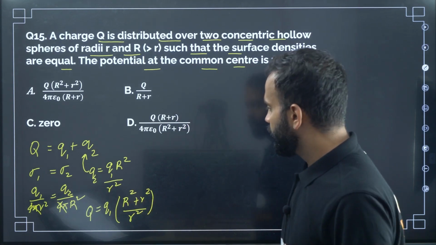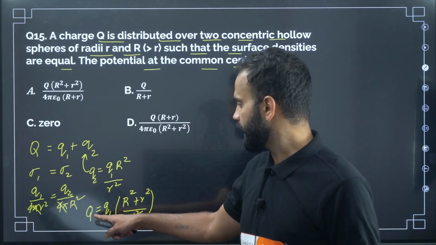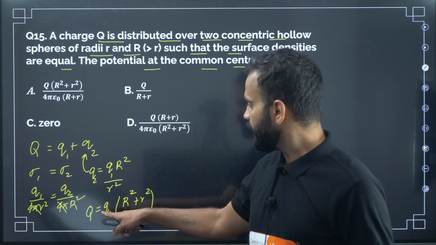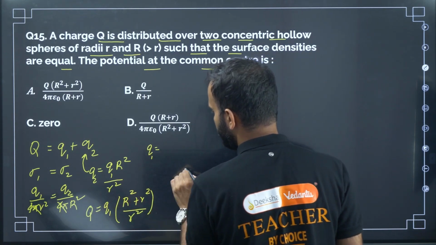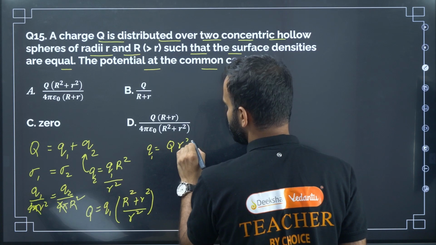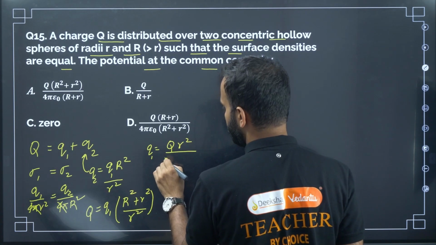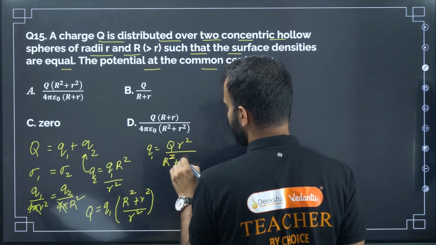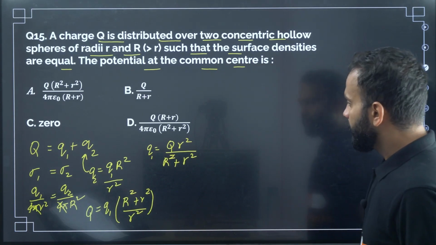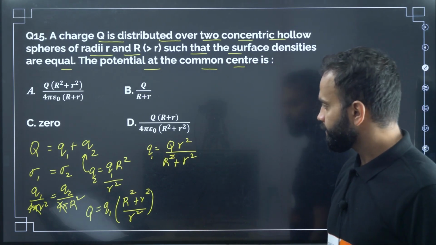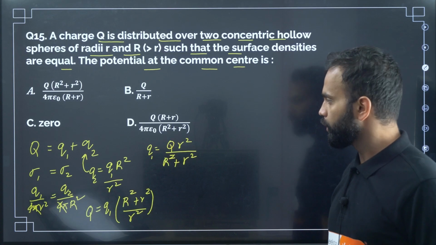So this is capital Q, right? So now I can write Q1 is equal to capital Q into small r square divided by (r square plus R square). So now we got the expression of Q1, right?